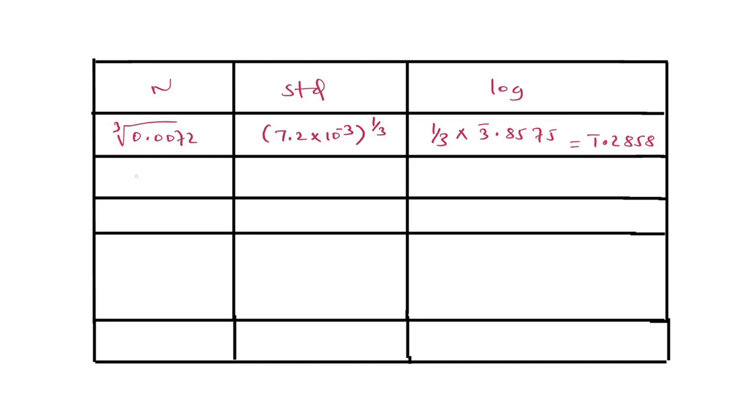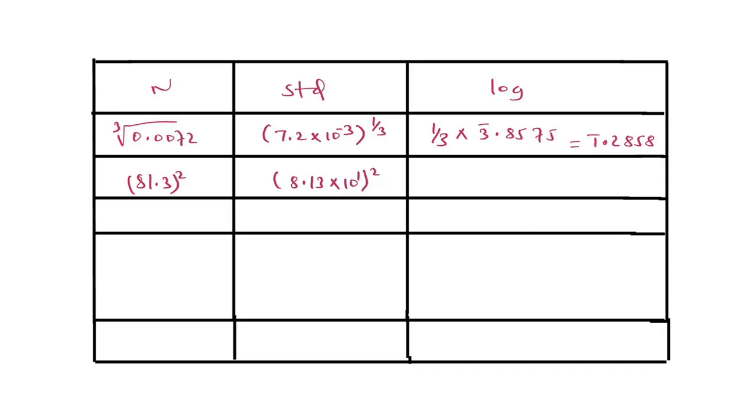Okay, so our second number is 81.3 squared. Let us write this in standard form. We are going to have 8.13 times 10 power 1, all squared. Okay, so reading 8.13 from the table and adding 1 from 10 power 1, we are going to have 1.9101.